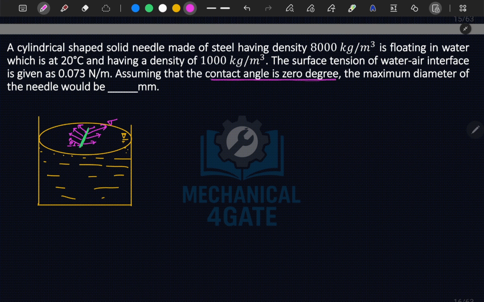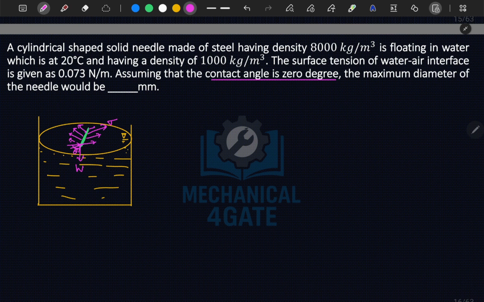So from here we can see that the weight of the wire will be acting in the downward direction. Sorry, the contact angle should not be this, it should be this angle. Let's say this angle is theta.